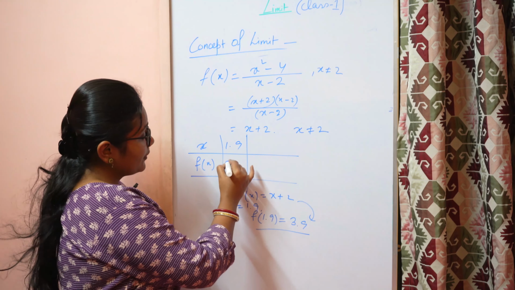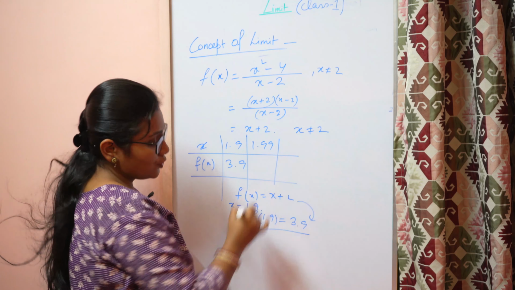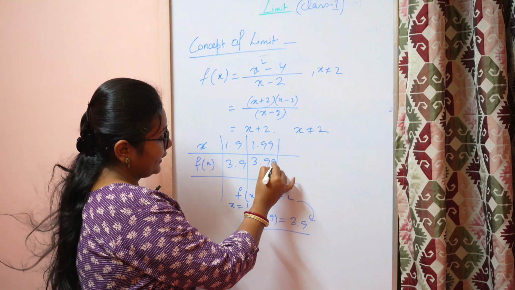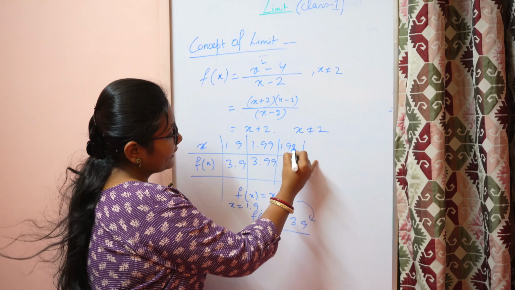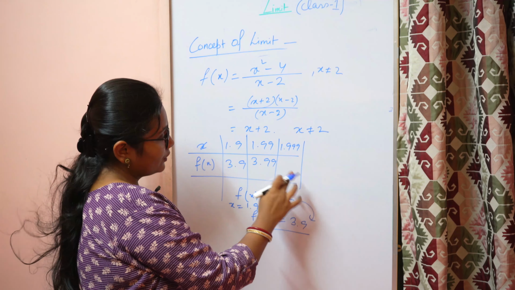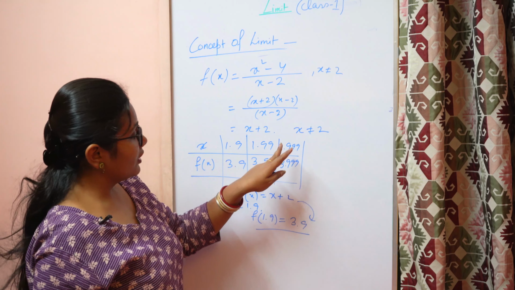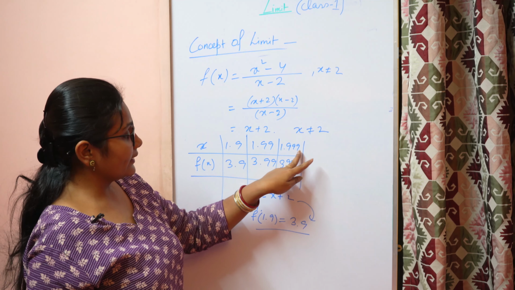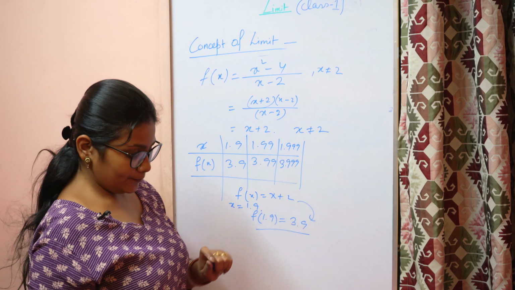If we take 1.99, you will get 3.99. Now if we take 1.999, after adding it, f(x) will be 3.999.